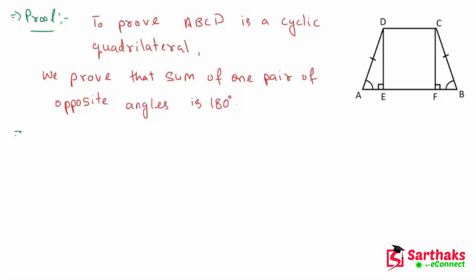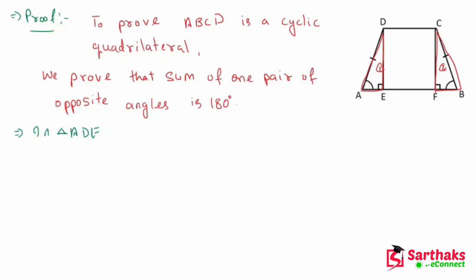Now in triangle ADE, here you can see we are taking this triangle, and triangle BCF means this triangle. So triangle 1 and triangle 2.